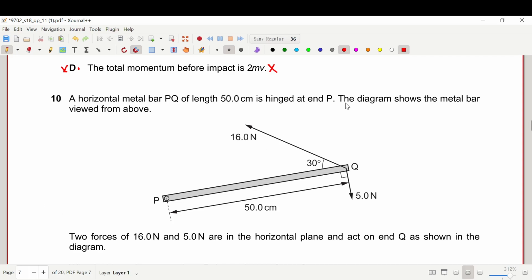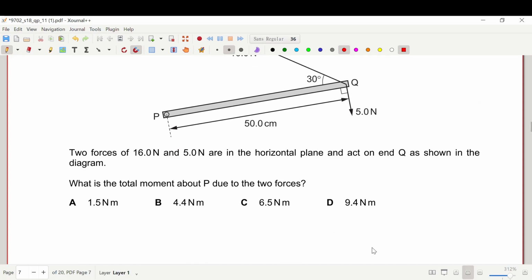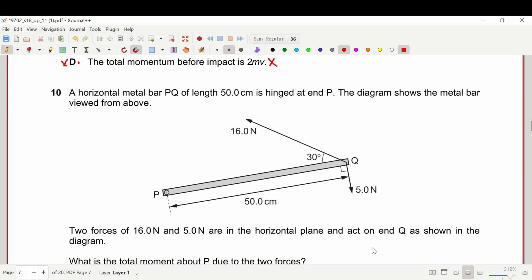It's PQ. Two forces 16 Newton. इसका center of gravity तो given नहीं है. Two horizontal forces, 5 Newton about this moment.